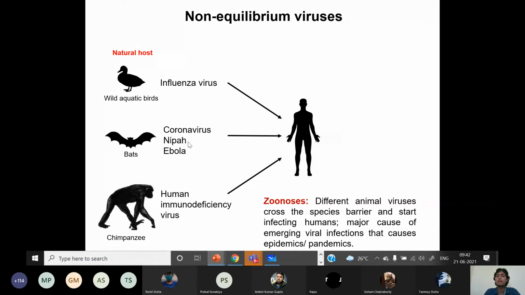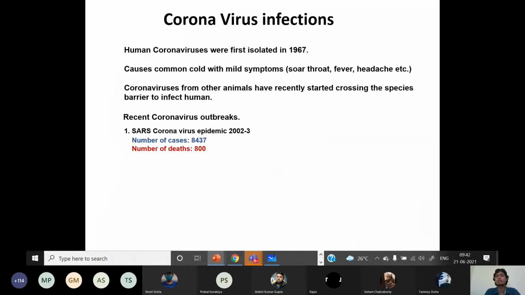And coronavirus, Nipah, Ebola in bats. For Nipah, I believe a few years back some cases were reported in Kerala, and it was a deadly virus, but it immediately stopped also. Those are examples of non-equilibrium viruses. Just get the idea about non-equilibrium and equilibrium viruses.